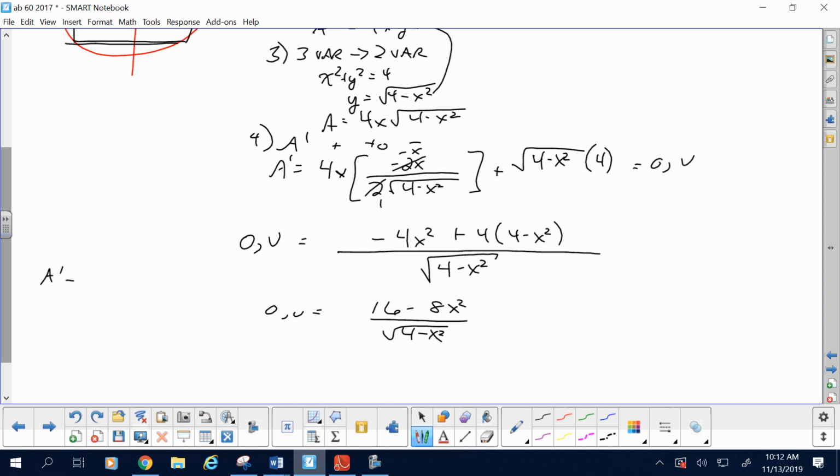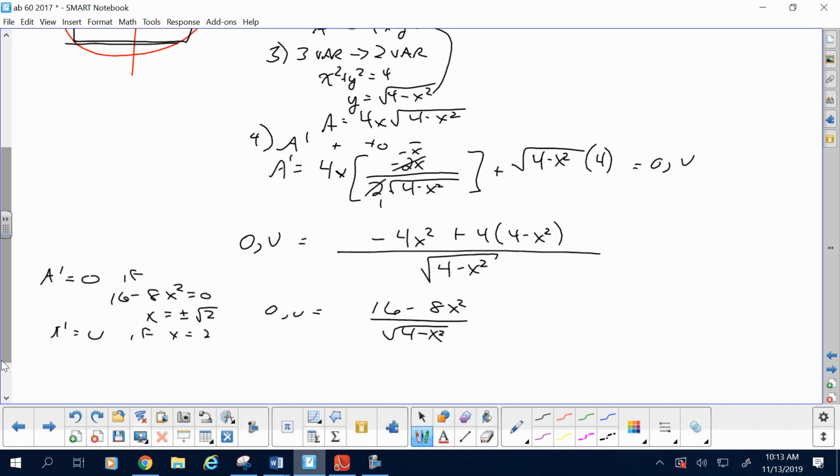Okay, A prime is 0 if 16 minus 8x squared is 0, which means x is plus or minus root 2. A prime is undefined if x is 2, but in terms of the picture, look at the picture. If x is 2, and the base of the rectangle is going all the way out to the circle, that's down. That's minimum area, not a maximum area. You follow?